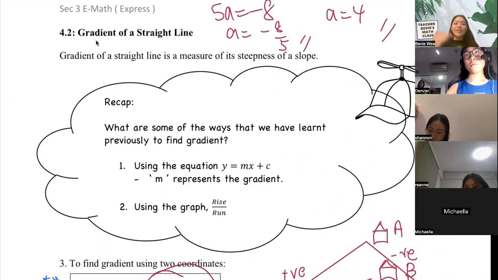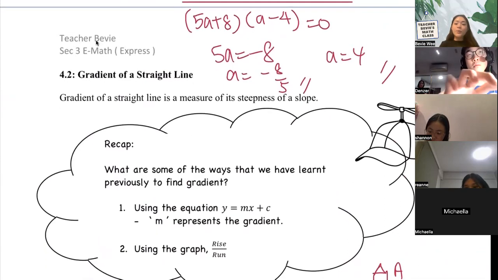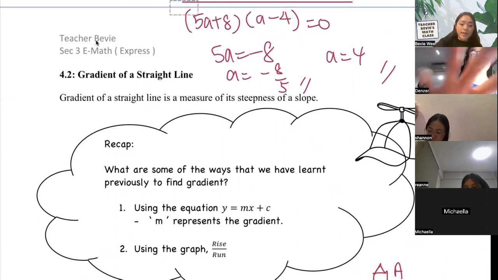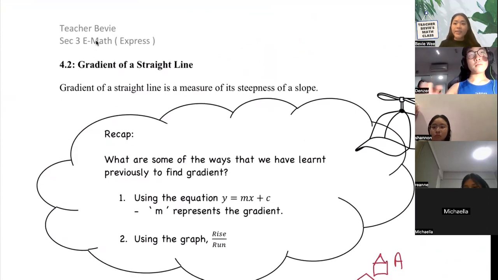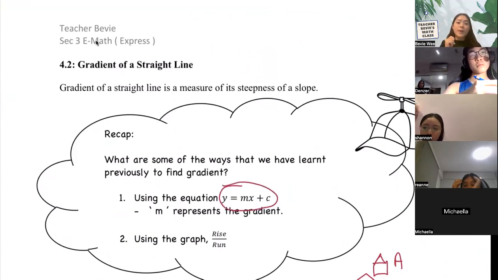Okay, so next part, gradient. What are the two ways that we have learned before in finding gradients? Do you remember or not? Gradient, two ways. One way is y equals to mx plus c, correct or not? Whereby m represents what?